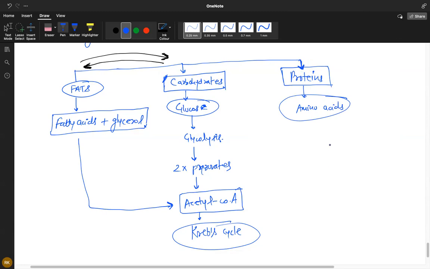And these amino acids can directly enter the pathway at the level of pyruvic acid. Okay, pyruvates. So do you understand? At many stages, proteins, carbohydrates, and fats can come in.